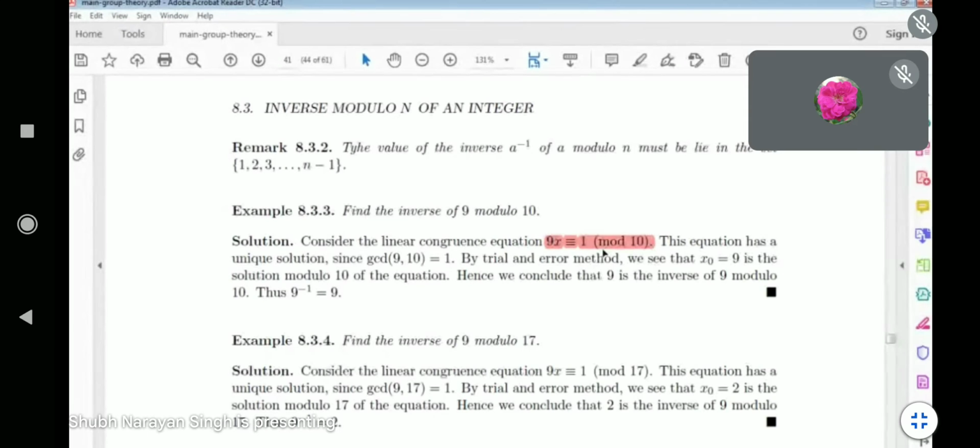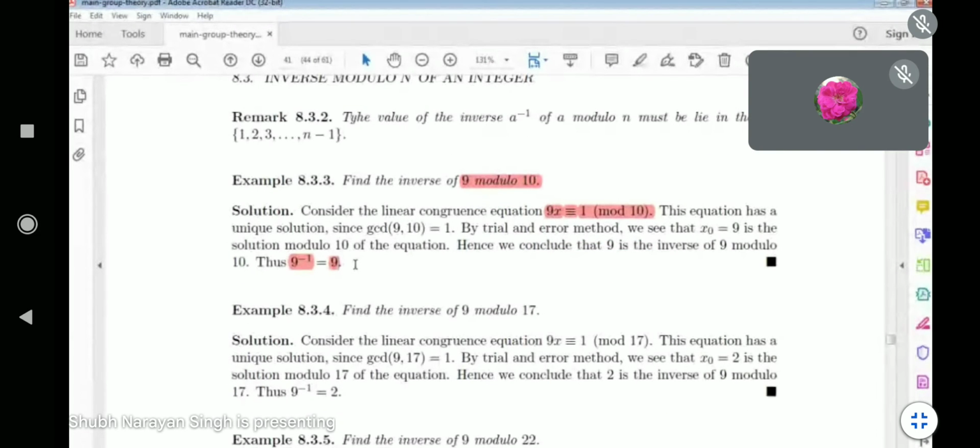And that unique solution we call the inverse of 9 modulo 10. That means the inverse of 9 modulo 10 is nothing but 9, and we denote it by this symbol. 9 inverse in modulo 10 system is 9, nothing else.